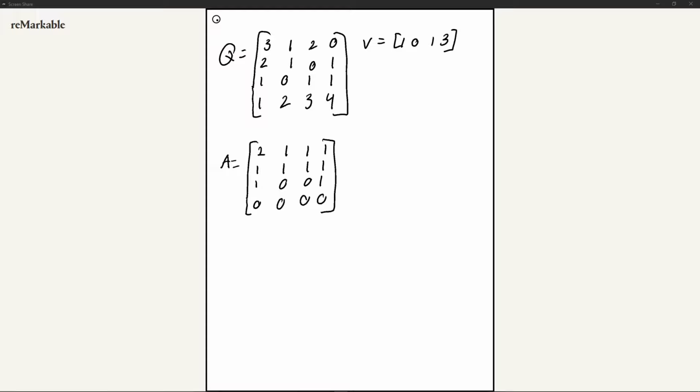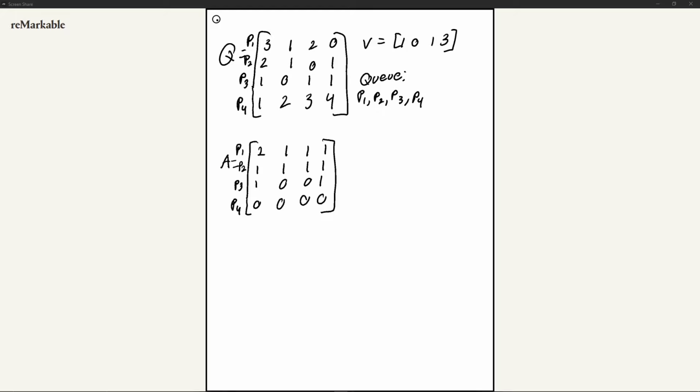And then, for me personally, I'm gonna write my Q, and we start with P1, P2, P3, P4.